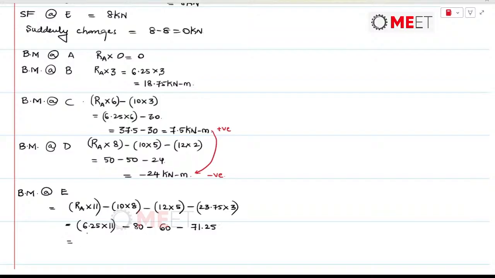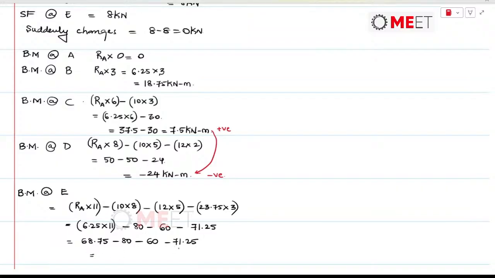And 6.25 into 11: 6 elevens are 66, plus 0.25 into 11, which is 2.75. So that's 66 plus 2.75, which is 68.75, minus 80 minus 60 minus 71.25.